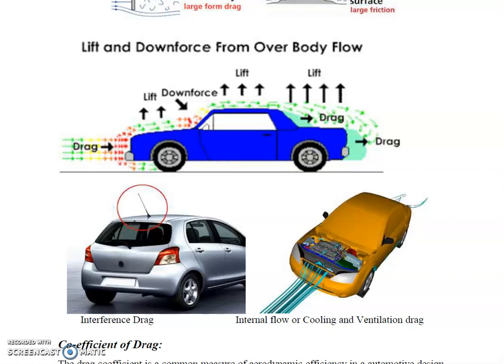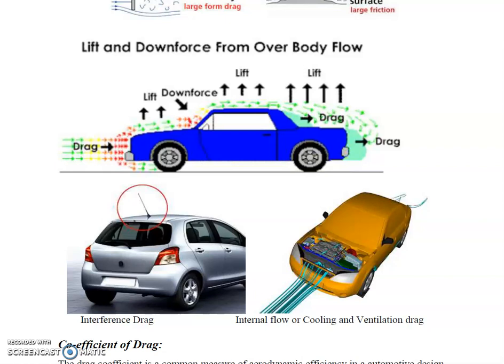The next one is interference drag. It is caused by the projections and protuberances that exist on the basic body. The exterior vehicle body projections such as hood ornaments, windshield wiper, radio aerial, rear view mirror, air scoop, roof pillar, and rain gutter all contribute to the total interference drag.